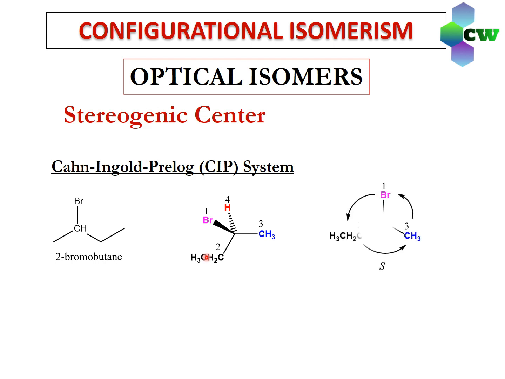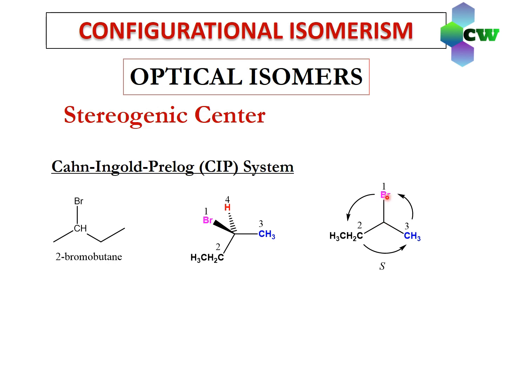So you can see it in this way, looking right at the stereogenic center in such a way so that you cannot see the lowest priority group. Right, so hydrogen is right behind this carbon here, and you're standing in a position where you cannot see the hydrogen.